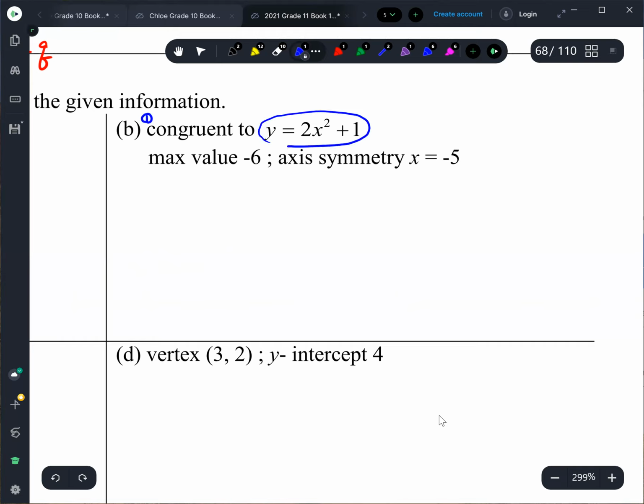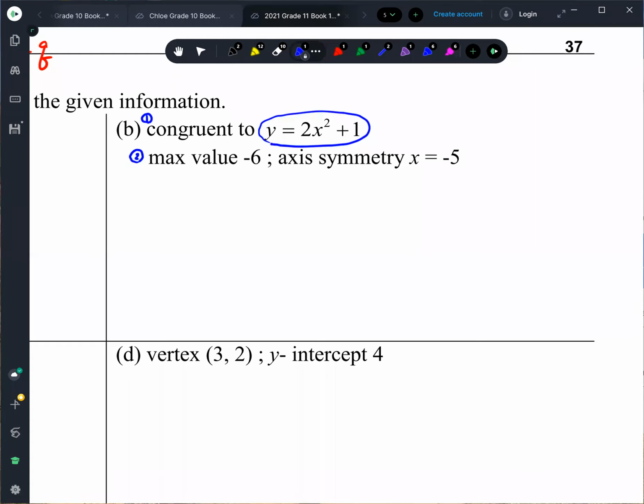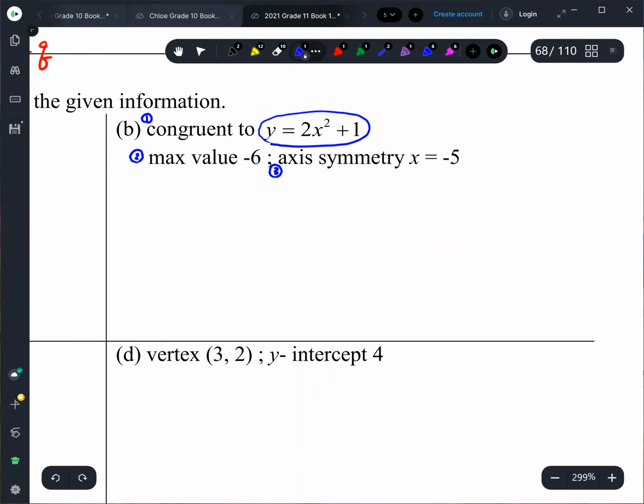Second clue, it also has a maximum value of -6. So you need to think about last week. What does maximum value tell you? And then the third clue tells you that it has an axis of symmetry of x equals -5. Okay, so what does that mean?